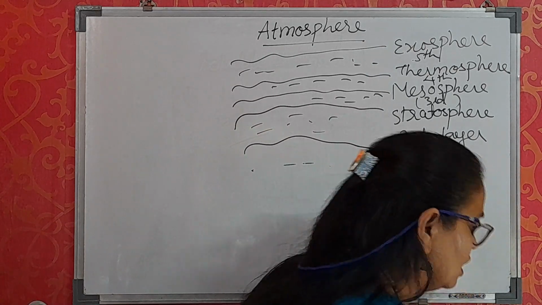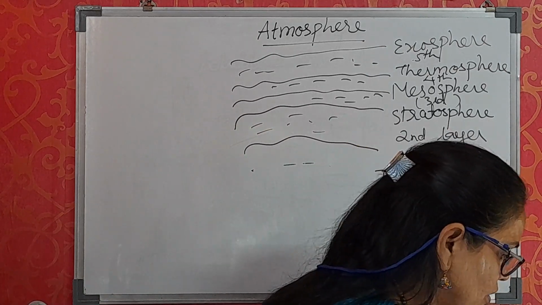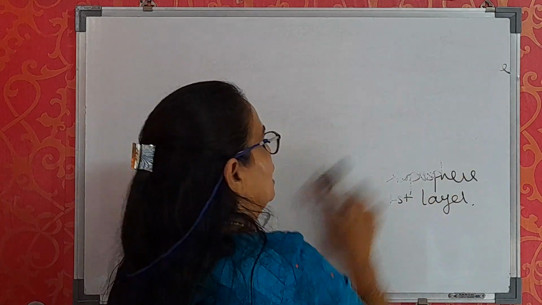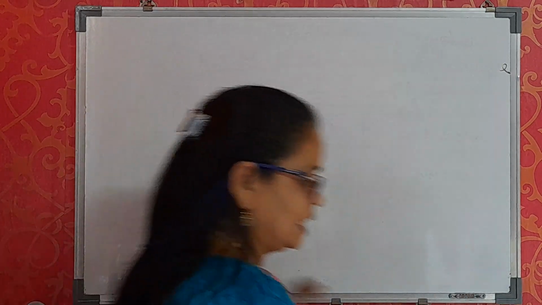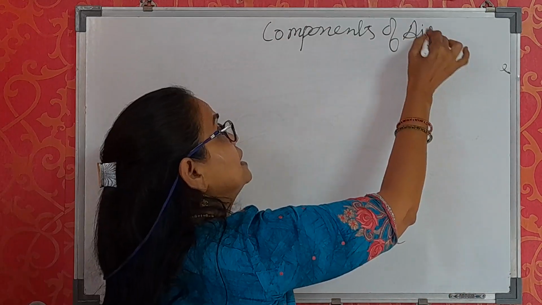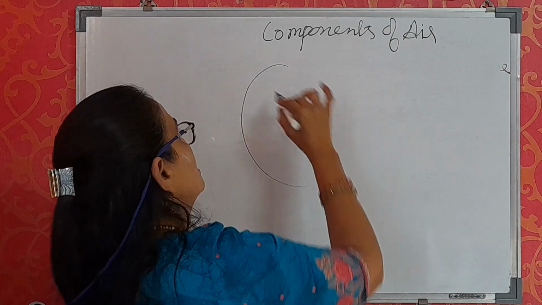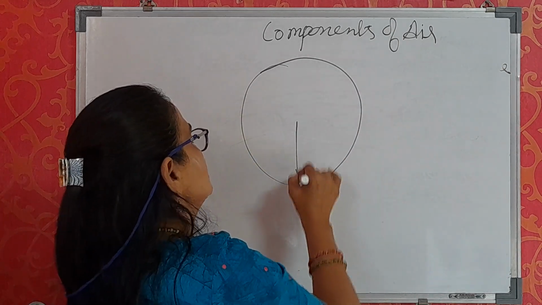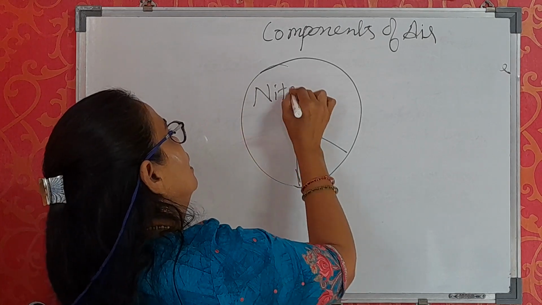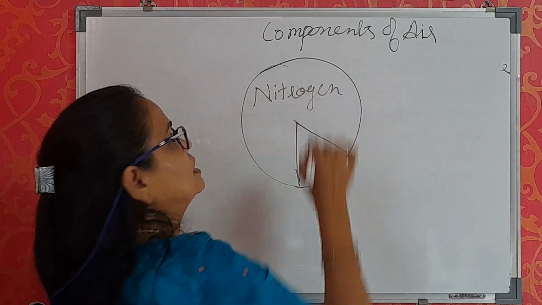Now we will learn about the components of air. You must be knowing air contains many gases, but the larger part of the gas in the air is nitrogen. Nitrogen has the larger part.